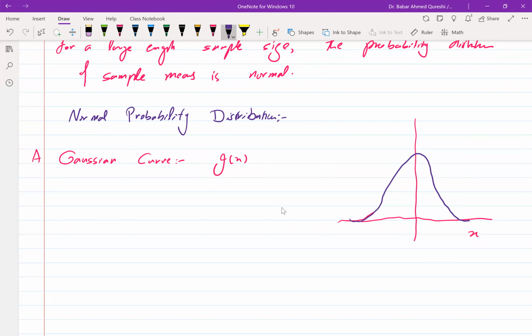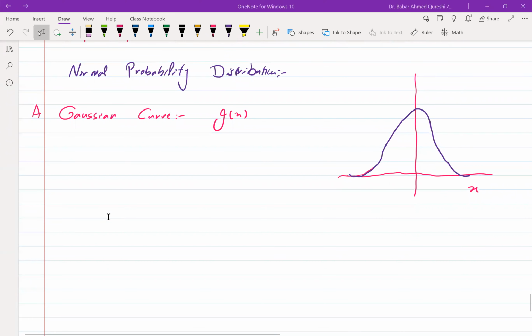So what is the g of x I am considering? This is not Gaussian. Gauss did so much in mathematics that almost everything has a Gaussian in its name. So what is this function which I am defining? Because finally I'll define a very specific function which I will call the normal curve.